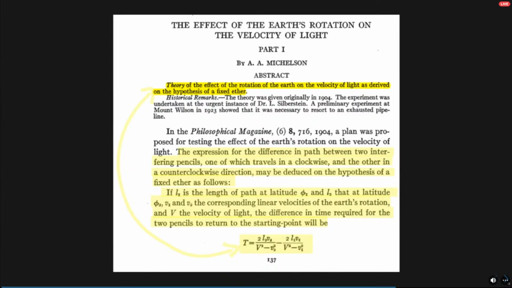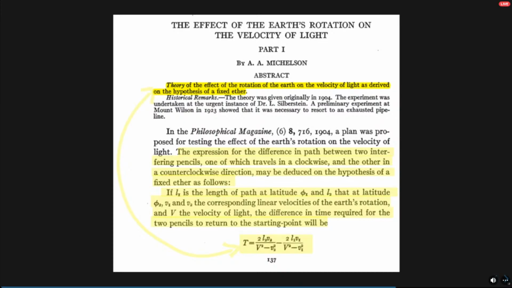So the mathematical derivation that they give is, let's see here. They say that the effect of rotation of Earth on the velocity of light is derived from a hypothesis of a fixed ether. So this is 1925, and this is the Michelson-Gale-Pearson experiment.